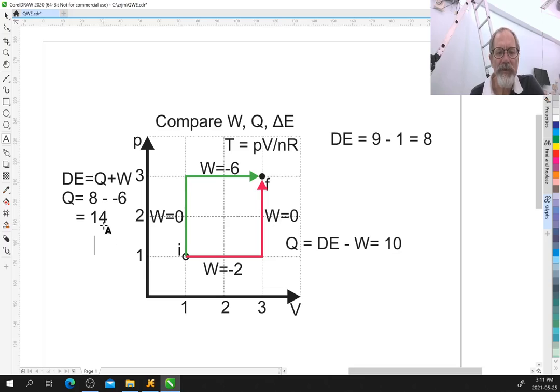All right, so now basically in this route, we're requiring 14 joules of heat. In the other route, we require 10 joules of heat.